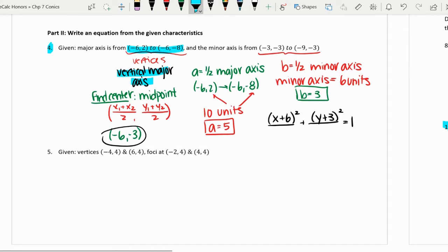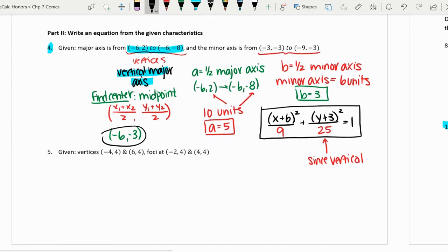So since it's a vertical major axis, we're going to put a squared under the y value, so that'll be 25 under there, and then b squared would go under x. So that would be our standard form for this ellipse. You can always check by putting in a vertex or two into this equation and making sure it equals 1.